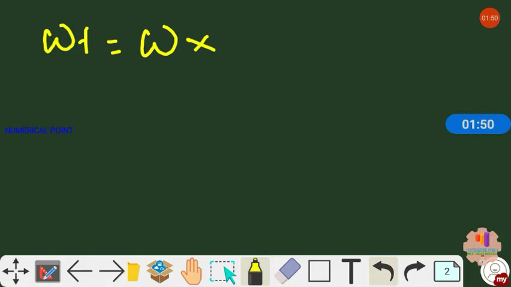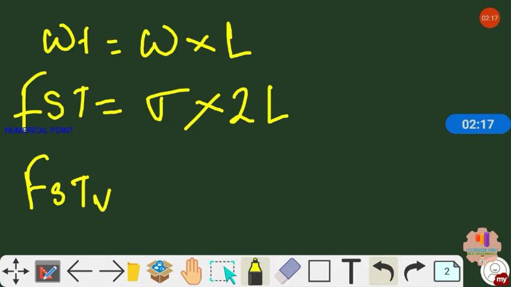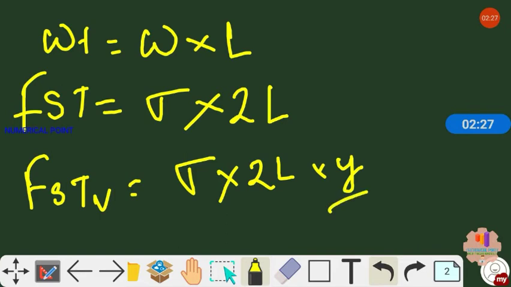Let's suppose the surface tension is sigma. Surface tension force will be sigma into 2L, since it acts on both sides. And the vertical component will be sigma into 2L into sin theta, and sin theta we just found is y by a.